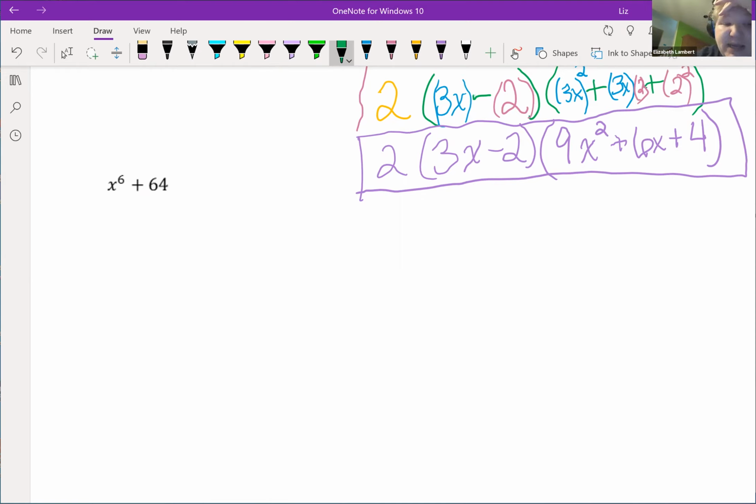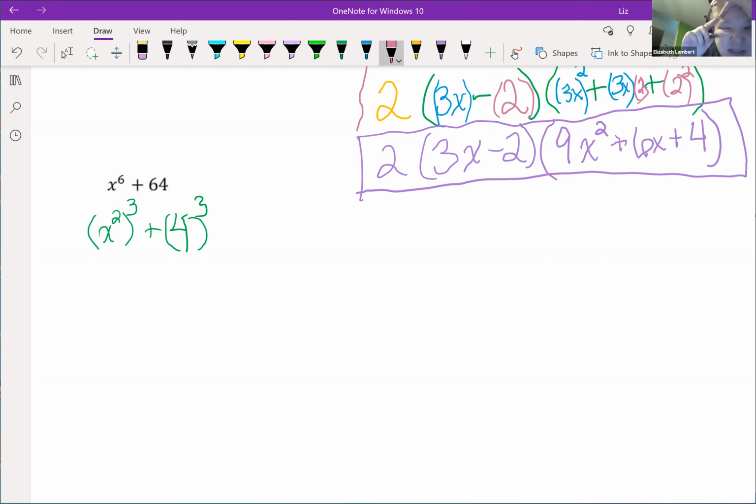But this is a sum of cubes, so x to the 6th is really x squared to the 3rd. And then 64 is 4 to the 3rd. It is also 2 to the 6th. So this is actually a sum of 6th powers.